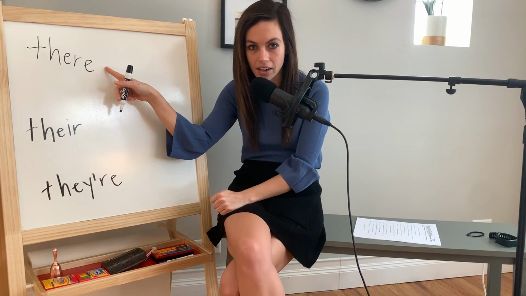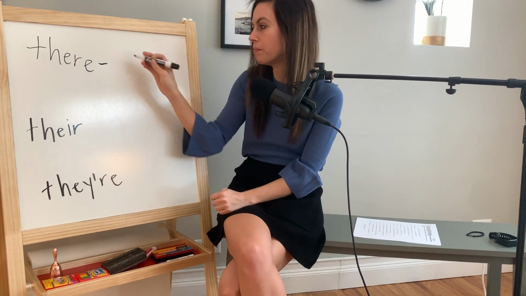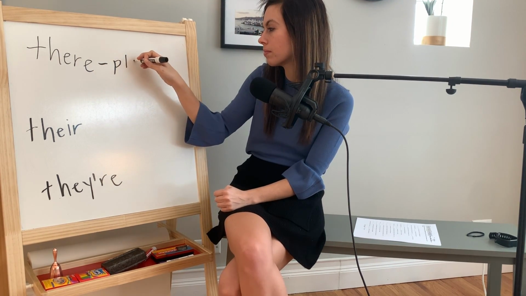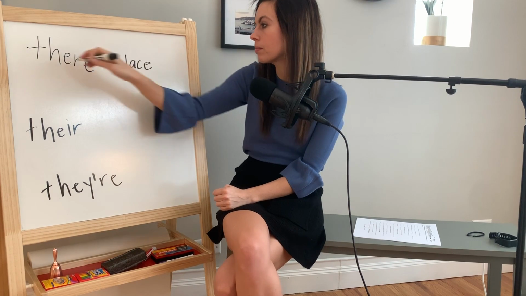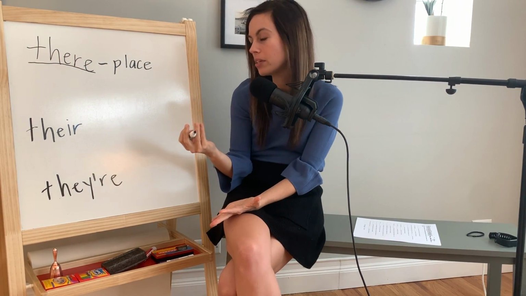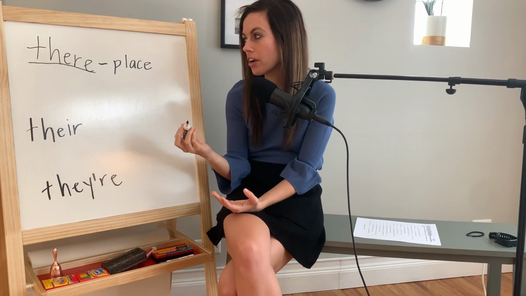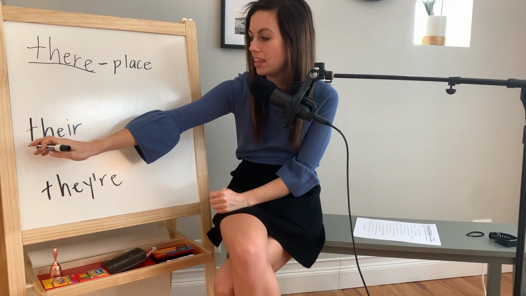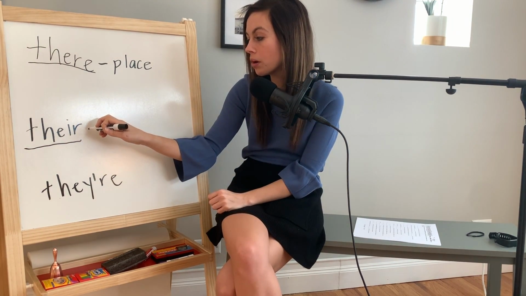So this there means like a place or a location. So for example, I might say, it must be great to live there, or I really like going there. This there shows ownership or a possession.